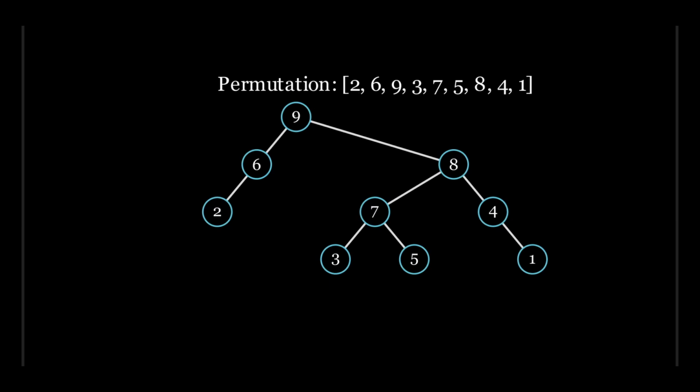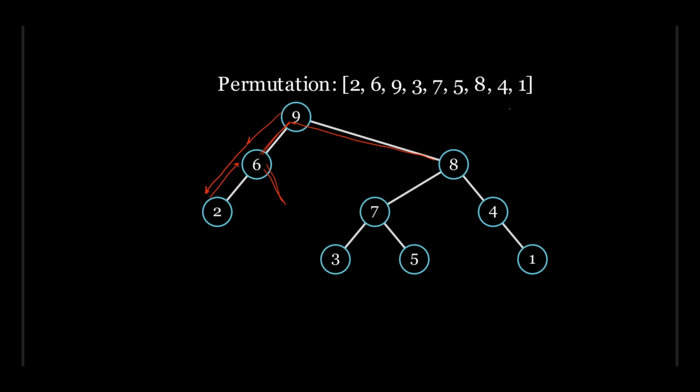So how can we arrive at 2? You can see that this is 9, this is 6 and 2. So you go to the left and then to the left, to the leaf vertex, and then you print 2, and then you go up and print 6, and then you go here, there is nothing, you come back, and then you go here, you print 9, and then you go to the right, but you don't print 8.